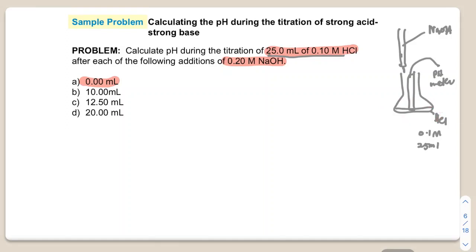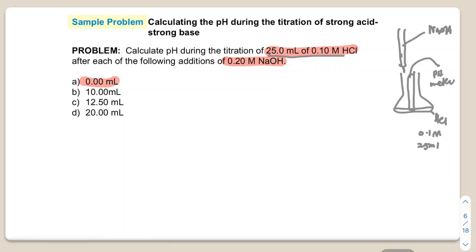What is measured by this pH meter is actually the pH of the HCl only. So we have to calculate the pH of this HCl.